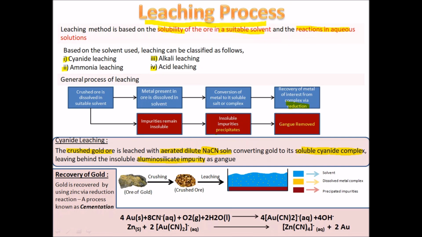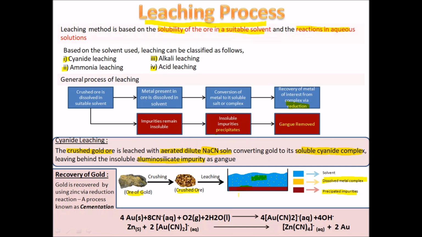If we look into the diagram there, we have the ore of gold, which is being crushed into a powdery form. So the crushed ore is being leached with aerated dilute sodium cyanide solution. The gold gets converted into the soluble cyanide complex, and the impurities, which are aluminosilicate impurities, get precipitated as the gangue.